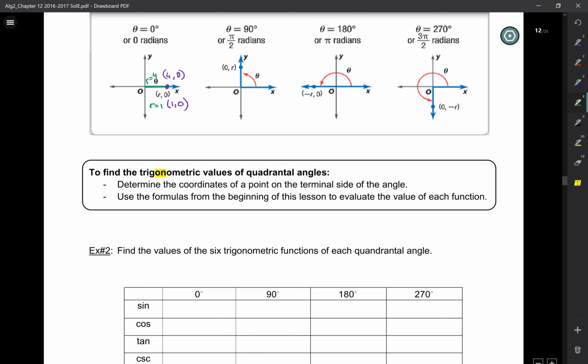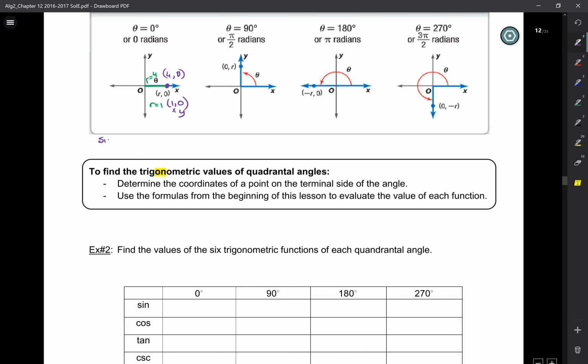Okay? So now, if I have an x coordinate and a y coordinate, and if I have an r, what would be the sine of that angle 0? It would be the vertical, which is y, over the radius, so it would be 0.